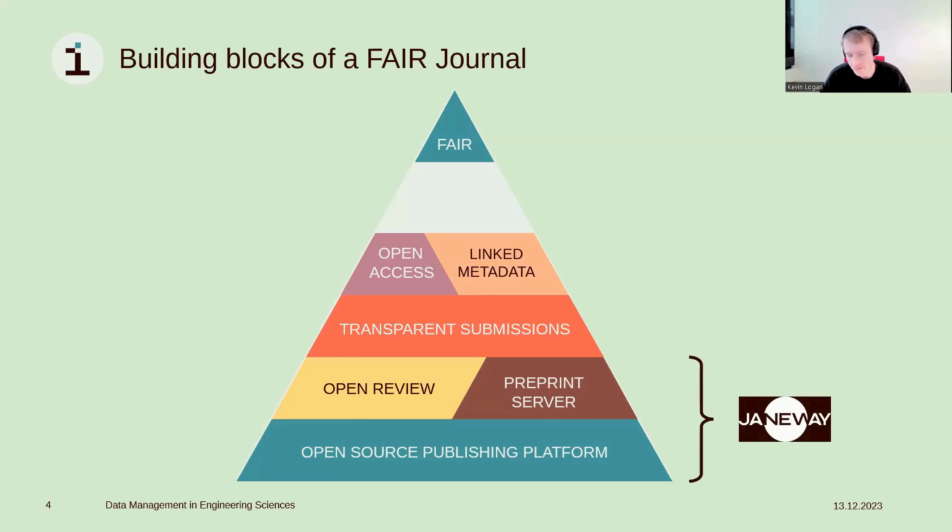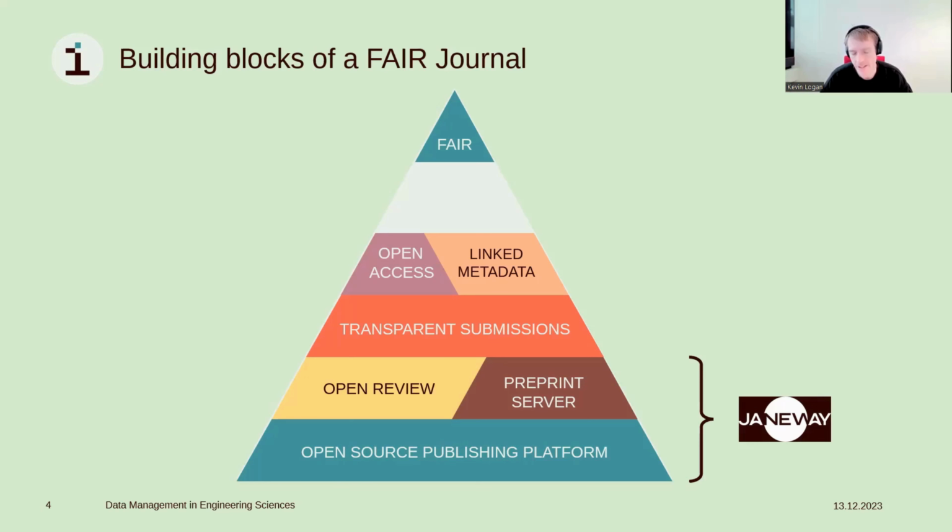Janeway is developed by the Open Library of Humanities, which has a development team that provides this open publishing platform. That's also what we're going to focus on today: how to use that platform for submitting to ing.grid. Then our claim is also to have transparent submissions.